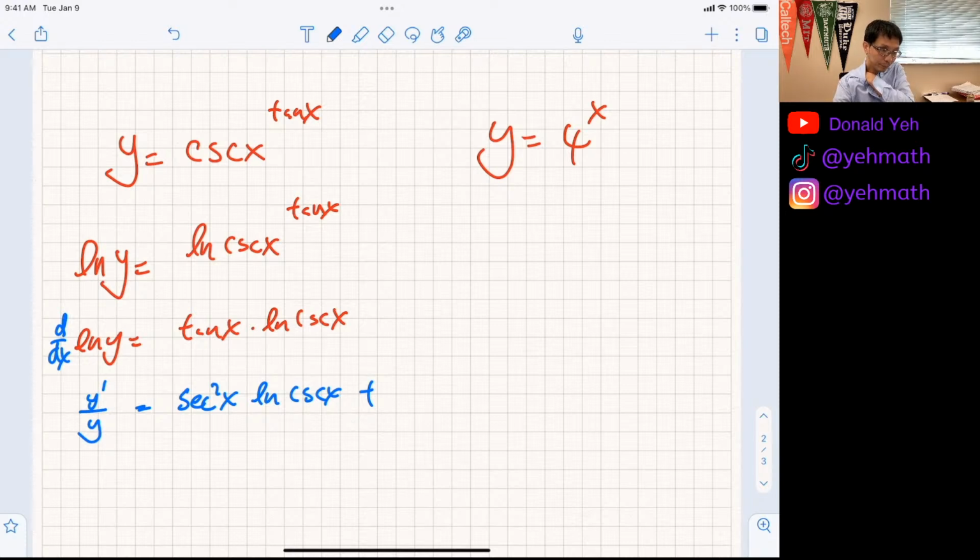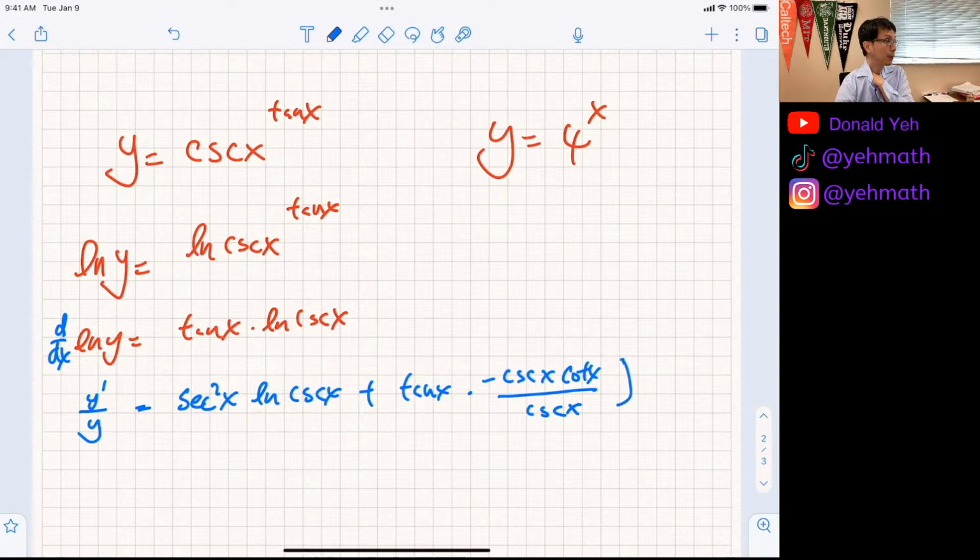Well, tan of x times the derivative of u, u prime over u. Negative cosecant of x cotangent of x over cosecant of x.